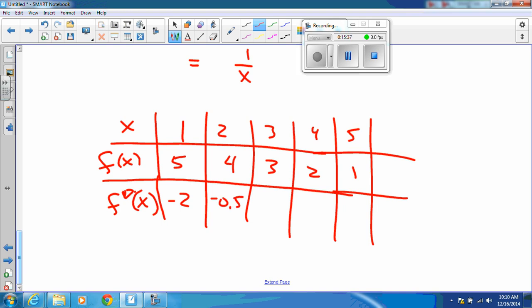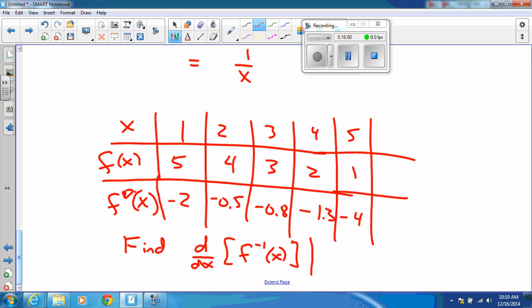Because my function is a decreasing function. Let's make this negative 2, negative 0.5, negative 0.8, negative 1.3, and negative 4. Something like that. So I've got a table here. And now I ask you, what is the derivative of f inverse evaluated at x equals 4, or f inverse prime of 4?